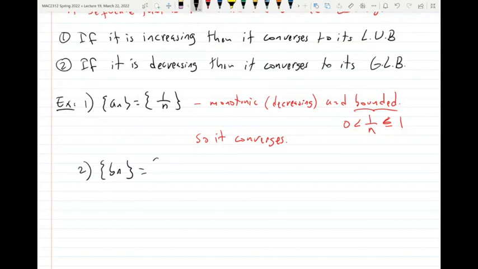So how about this one? What do we know about this? Is this monotonic? Yes, we analyzed that before. The terms were getting bigger and bigger. This is the one that we did with algebra. So this is monotonic increasing. Is it bounded?